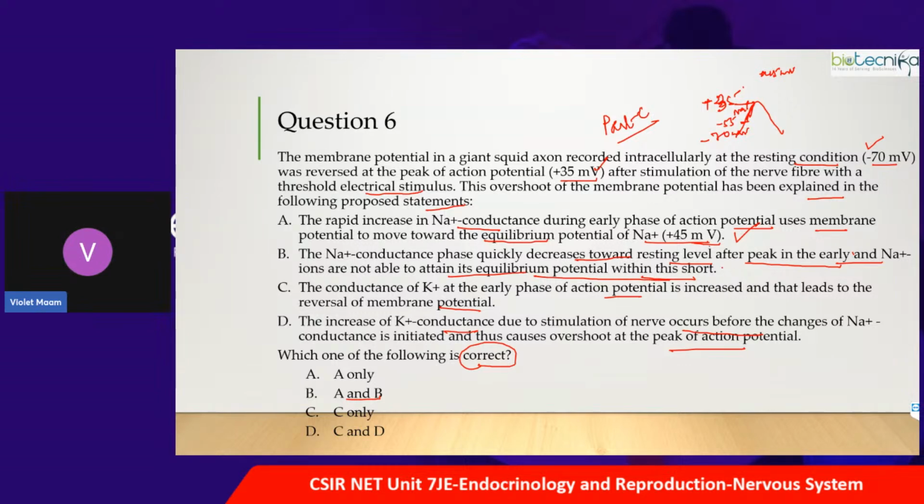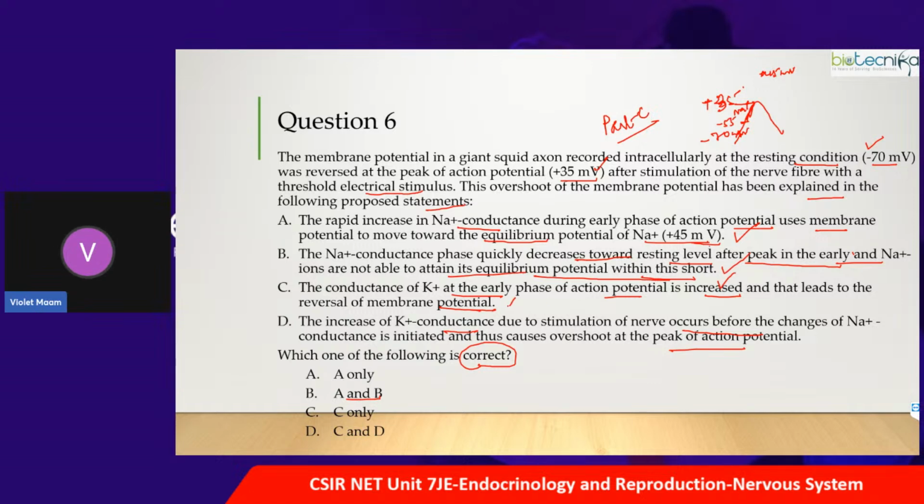Now see what C says: the conductance of potassium at the early phase of action potential is increased, and that leads to the reversal of action potential. No, in the early phase, which is depolarization, there is no conductance of potassium as such, so it is not being increased.